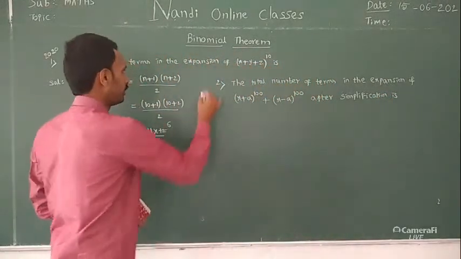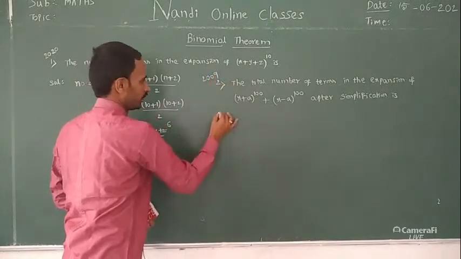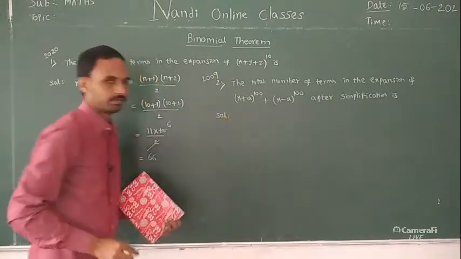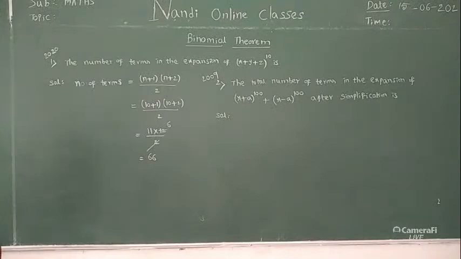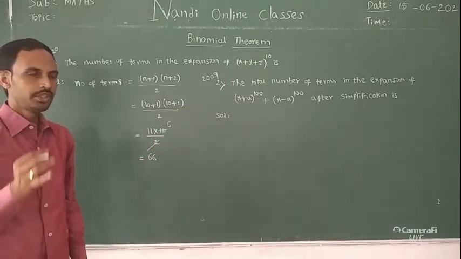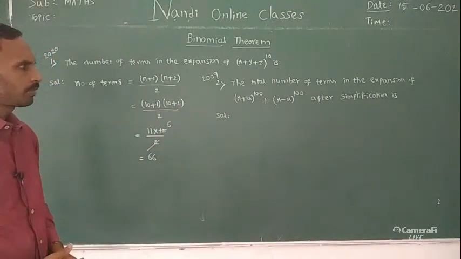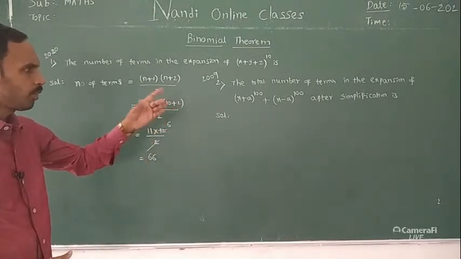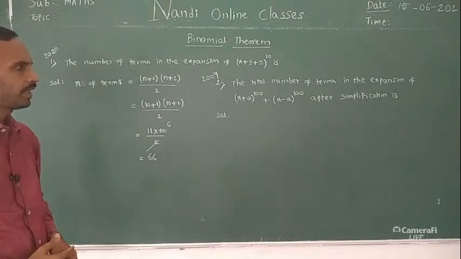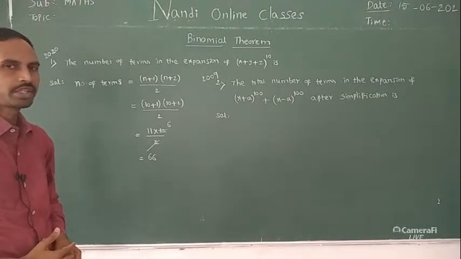Okay, this is given in 2009. Okay, solution. Okay, understand the problem. The total number of terms in the expansion of (x plus a) whole power 100 plus (x minus a) whole power 100 after simplification is.